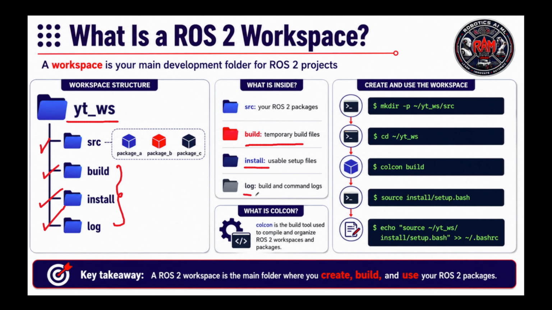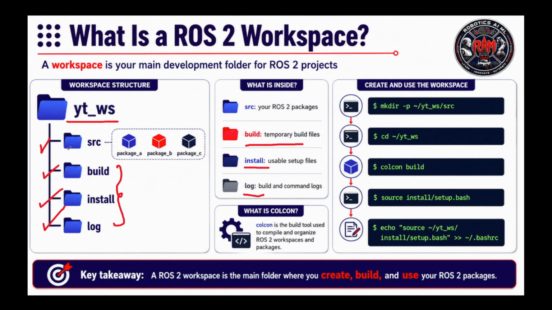Similarly, the log folder stores information about the build process, which can be useful when something goes wrong. It would be very helpful for debugging. The important point is that we normally create and edit our packages inside the src. The other folders are generated automatically by the build tool.